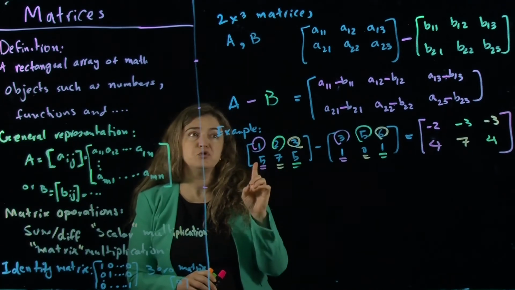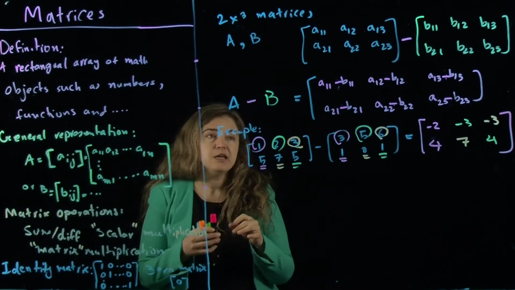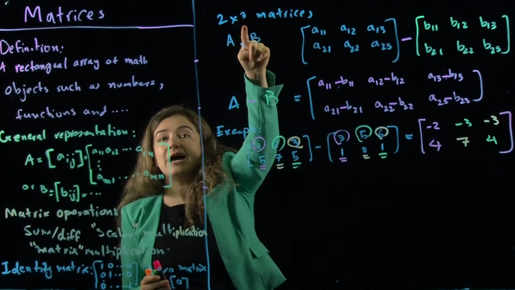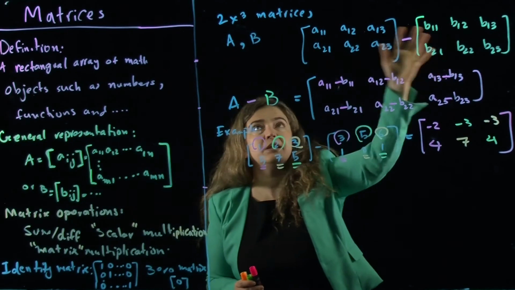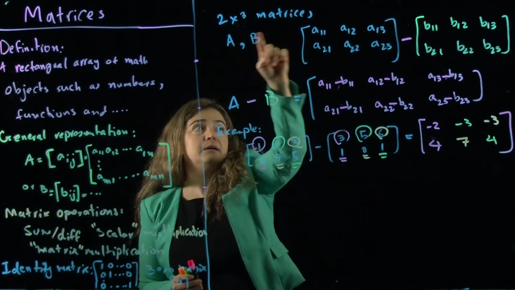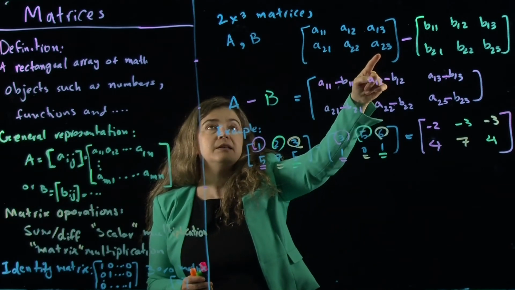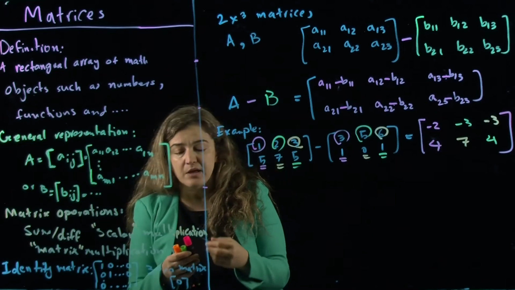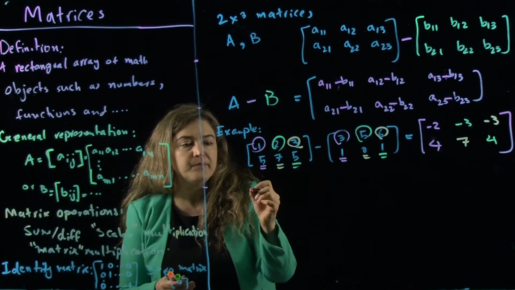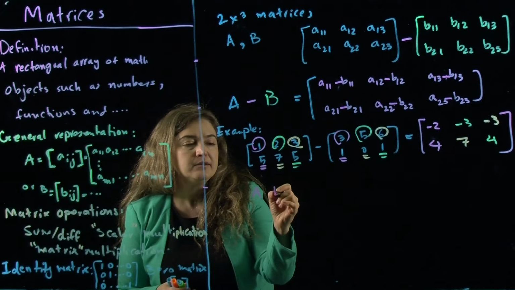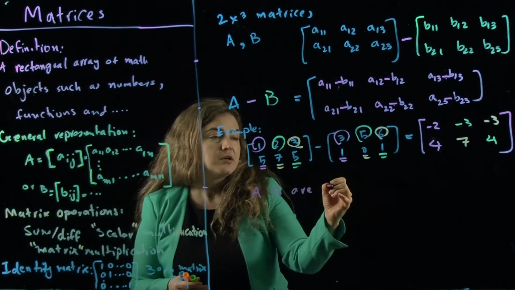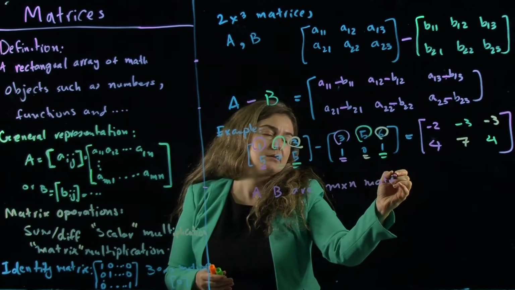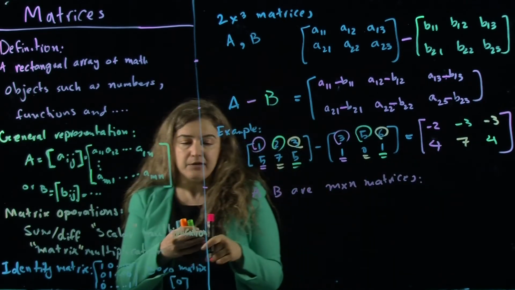But I want to do one more notation thing. Sometimes if you don't know the dimension of the matrix, rather than writing it this way with all the indices given, you use the other representation of the matrix. So if A and B are M by N matrices, then I can write it this way.